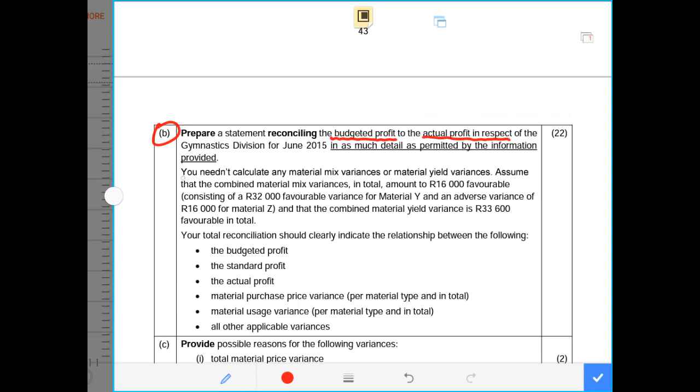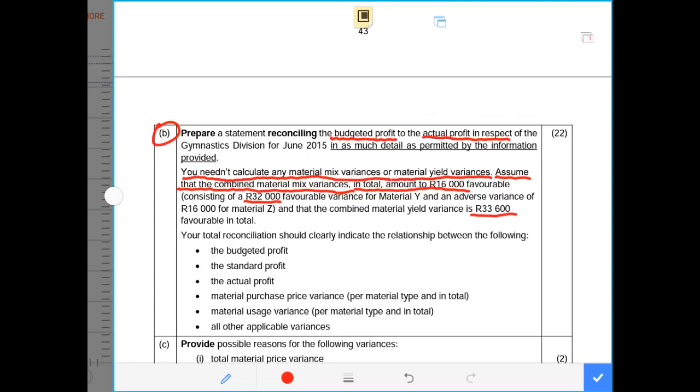They say that we needn't calculate any material mix variance or material yield variance, and they say assume that the combined material mix variance in total was 16,000 rands favorable, consisting of 32,000 rands for material X, and material Y, and 16,000 rands for material Z. And they say that the combined material yield variance was 33,200.